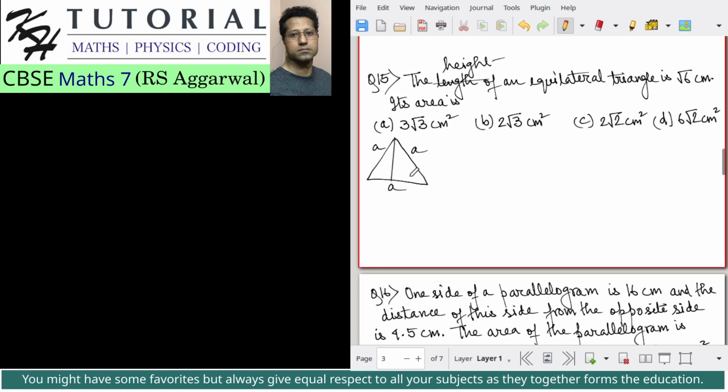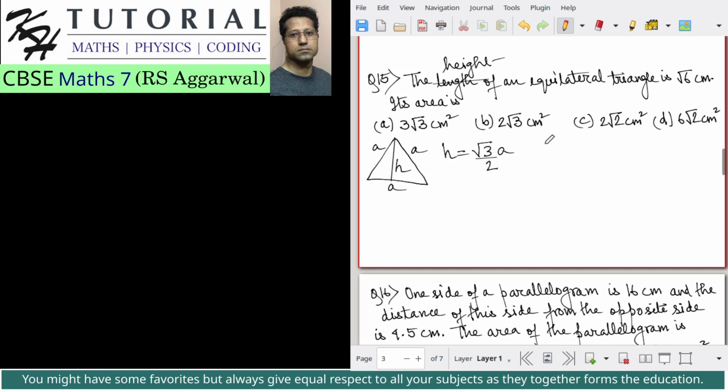Since in a triangle there are three heights, considering the three sides as the base, but since this is an equilateral triangle, all the heights, that is the perpendicular distance from any vertex to the opposite side, are same. And if height is h, then using Pythagoras theorem, height will be equal to square root of 3 by 2 a. This is the relation between the height of an equilateral triangle and the length of each side, that is a.